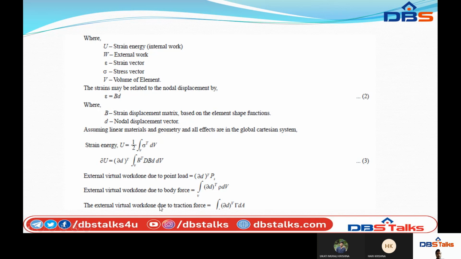Due to the traction force I take T with respect to the area dA. Due to the body force I take P with respect to the volume dV. And the point load P with respect to the point Pi.